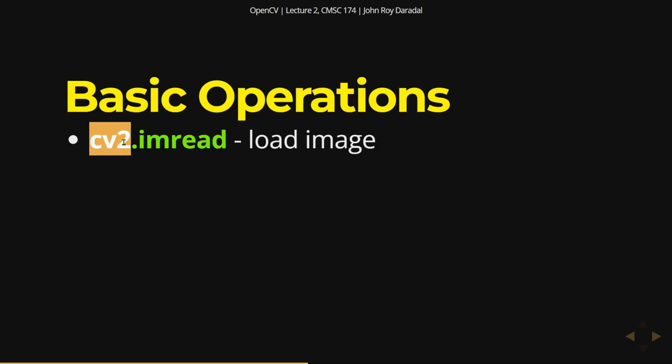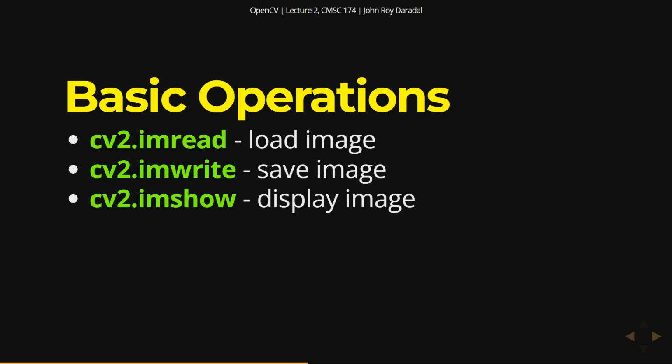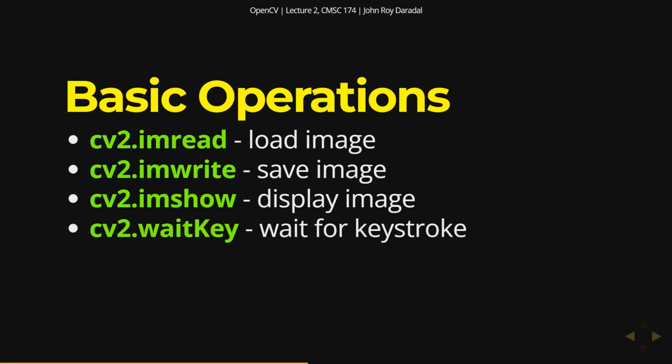So you import cv2 and then you can use the methods in the cv2 module. cv2.imread means that you are reading the image. To save the image, you'd use cv2.imwrite. To display the image, cv2.imshow.